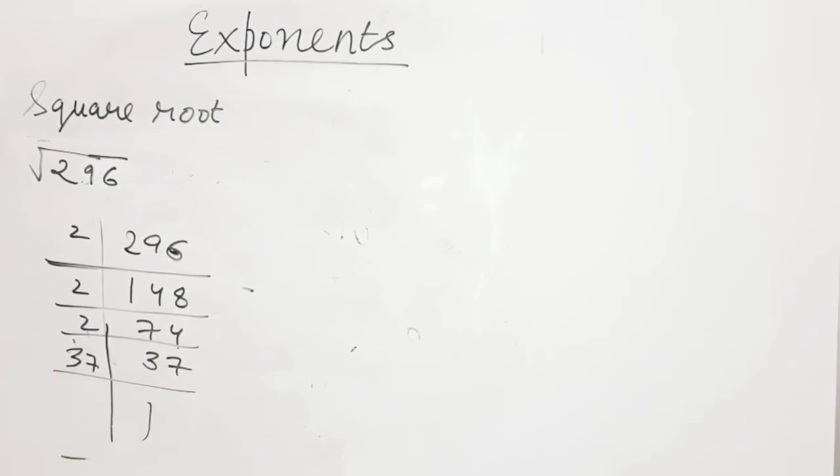So 37 1s are 37. Square root of this number also does not exist.